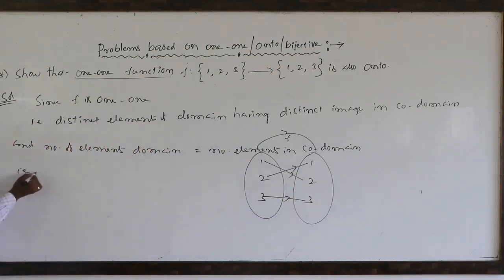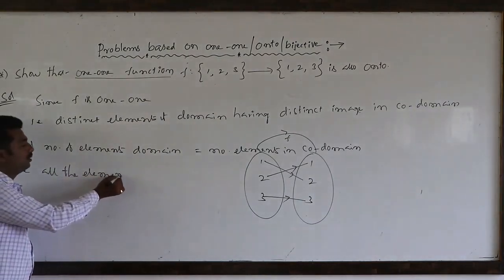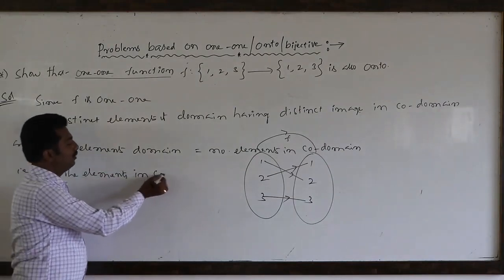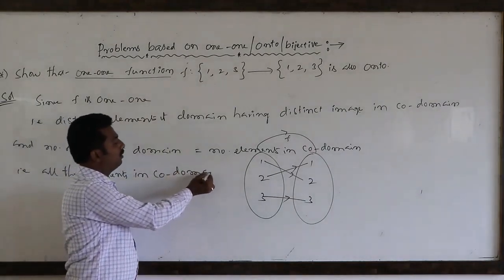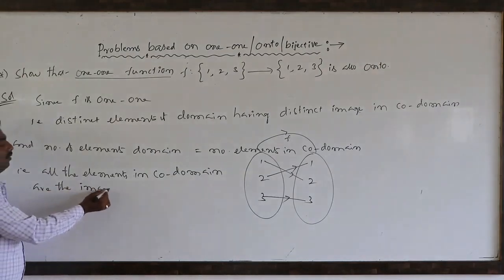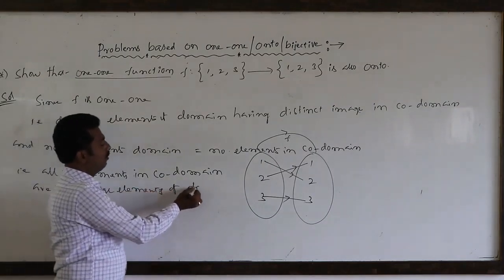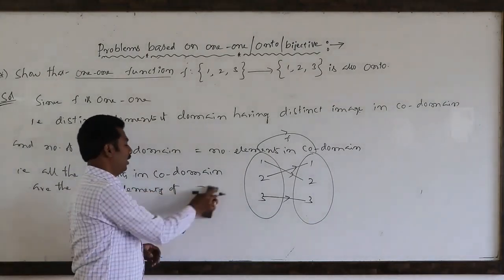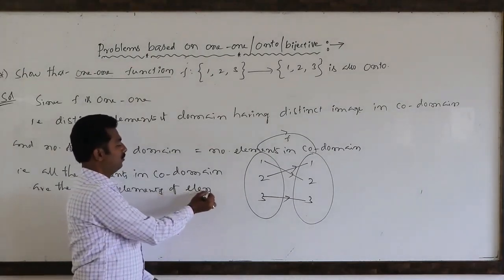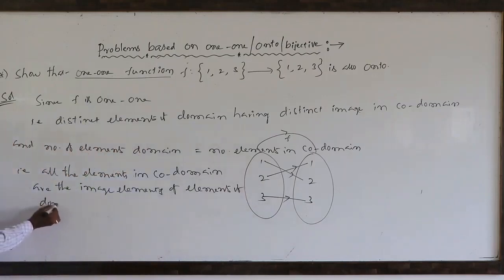That is, all the elements in the codomain are the image elements of elements of the domain.